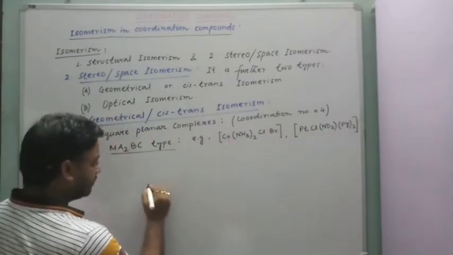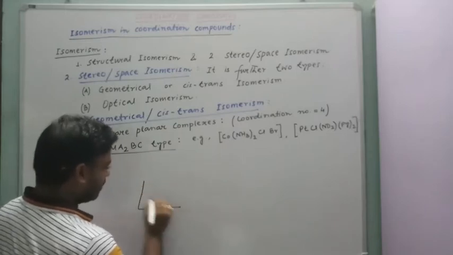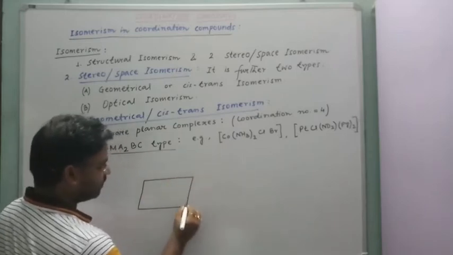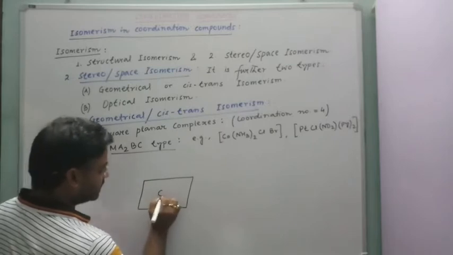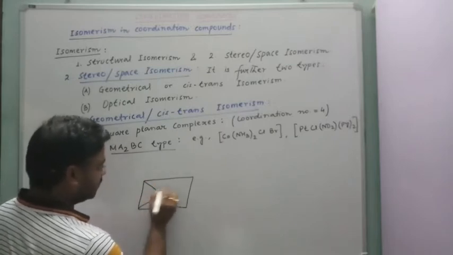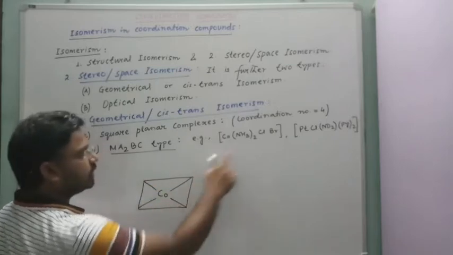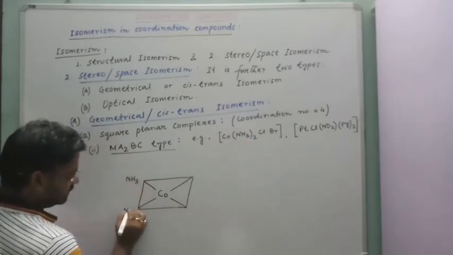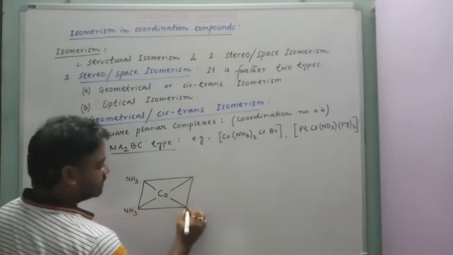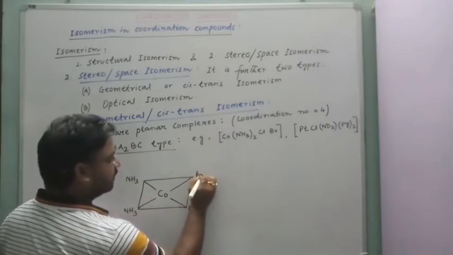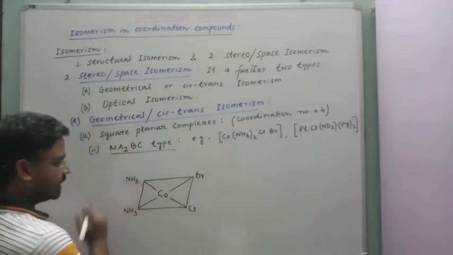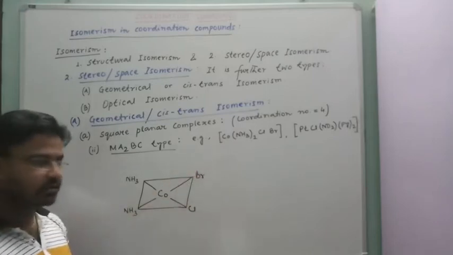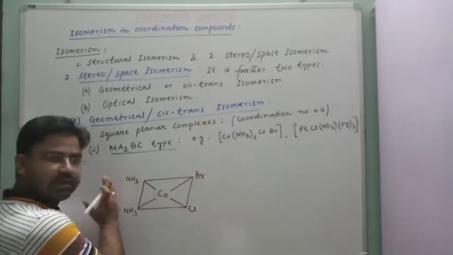So this compound, cobalt is the central atom, coordination number 4, NH3, ClBr. So both the NH3, these are two different ligands. So both NH3 ligands are in the same plane.